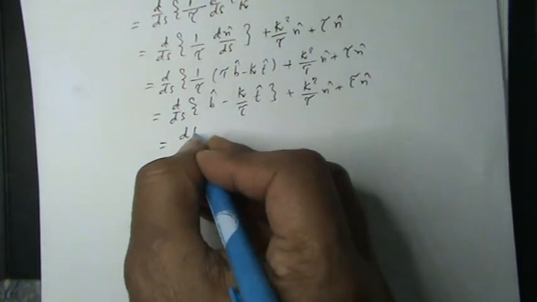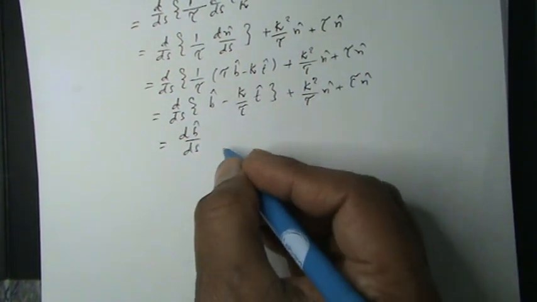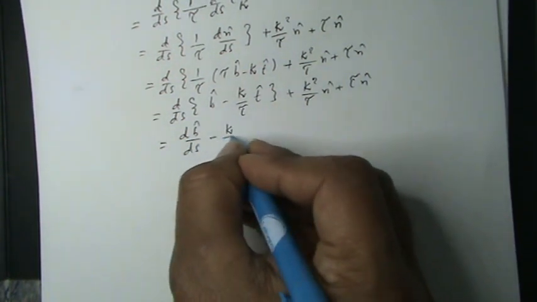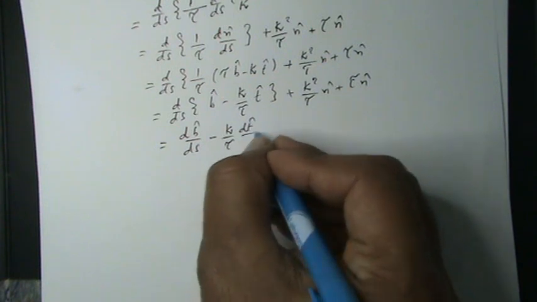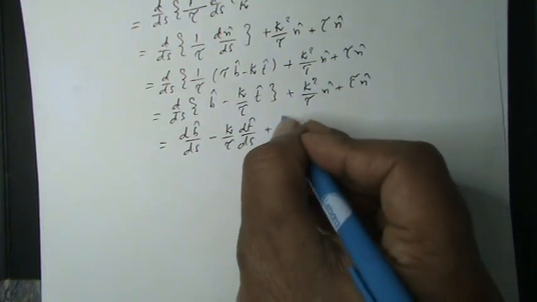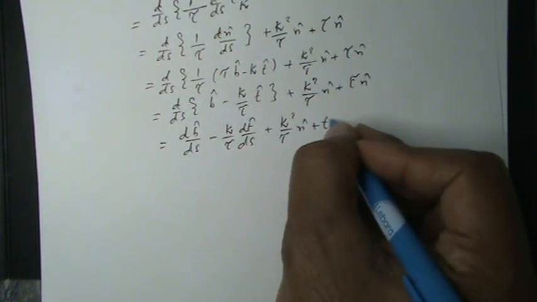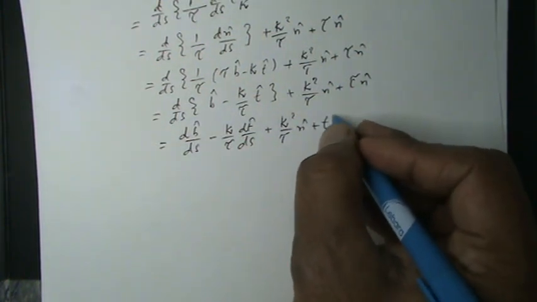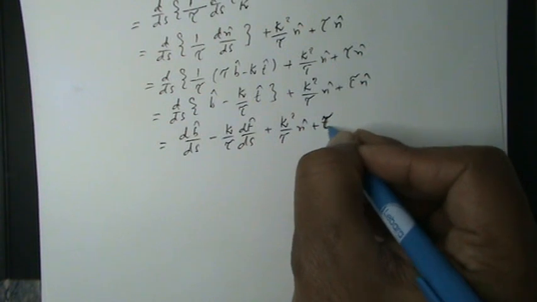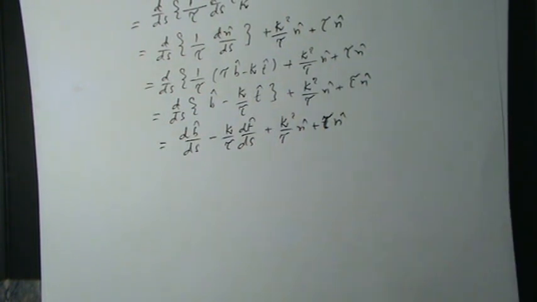This is equal to db unit vector over ds minus kappa over tau dt unit vector over ds plus kappa square over tau n unit vector plus tau n unit vector.